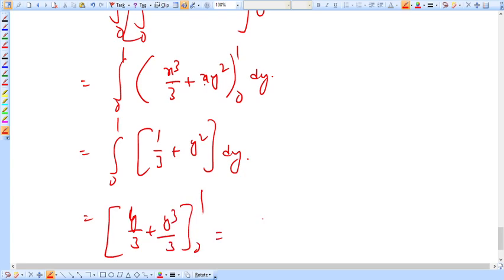After integrating you get 4 by 3, so this is your answer. It is not 4 by 3, one second, it is 2 by 3, which is your answer. So this is how we find a double integral, right? I hope you got the idea about double integrals. So this is it for today, the rest of the things will be done tomorrow.